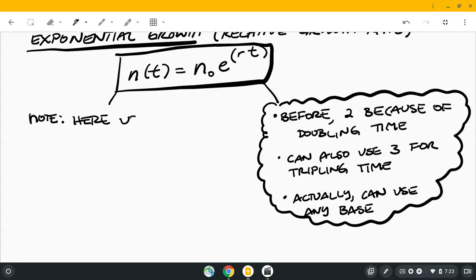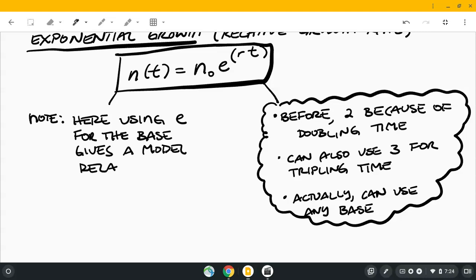Here, we're using e for the base, because this one gives a model relative to the growth rate r.